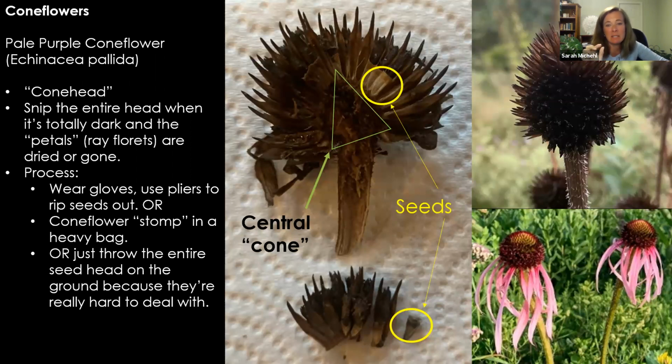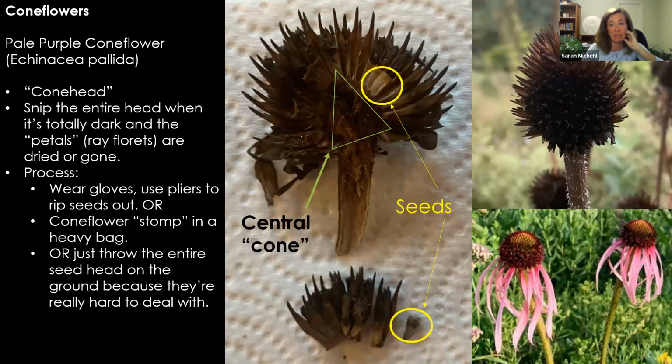The seeds themselves are circled in yellow there. Those are what attach to the central cone. And then all the spiky parts are the external parts that we see and that you feel when you actually grab onto that cone head. Those are really spiky, and it hurts to grab them. So I suggest you wear gloves.